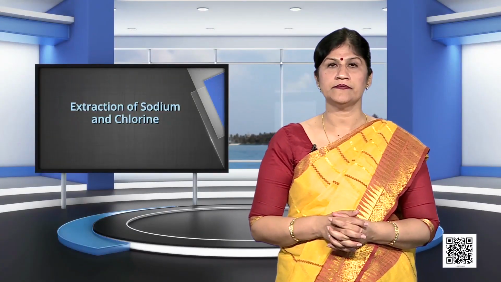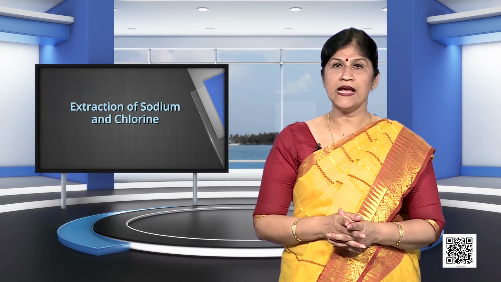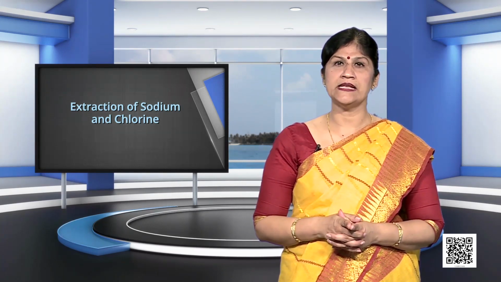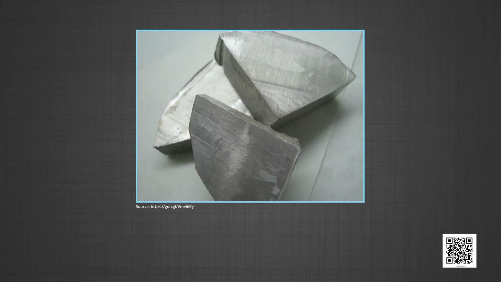Extraction of sodium and chlorine. In case electrolysis of molten NaCl is carried out, sodium metal is produced at the cathode as the reduction product of sodium ions, and chlorine gas is obtained at the anode as the oxidation product of chloride. Sodium hydroxide and hydrogen are not produced in this case, as expected.